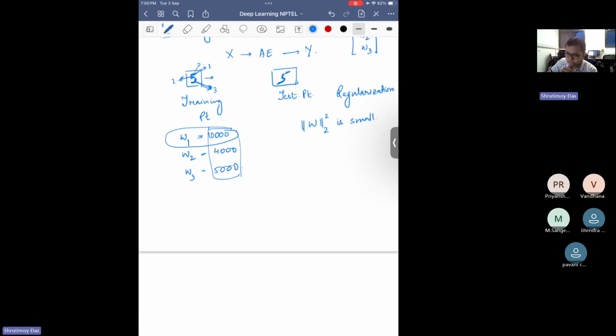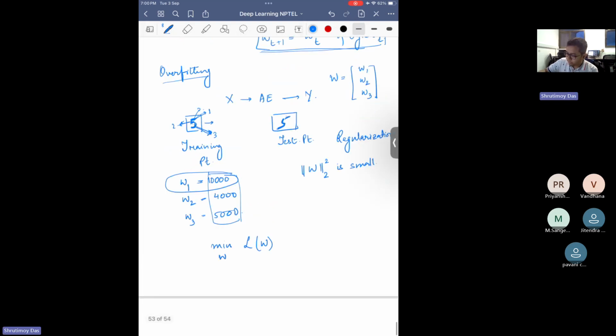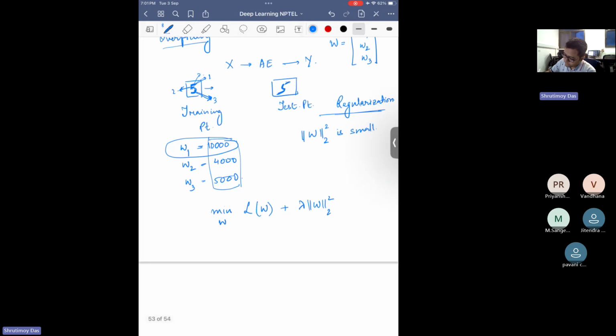When you are talking about training a neural network, what is it we are doing? We are minimizing over some weights W the loss function given by this W, right? So this is what we are trying to do, minimize this loss given some W. And now when we are adding this regularization term, we say that there is another term, say lambda times the 2-norm of W squared.